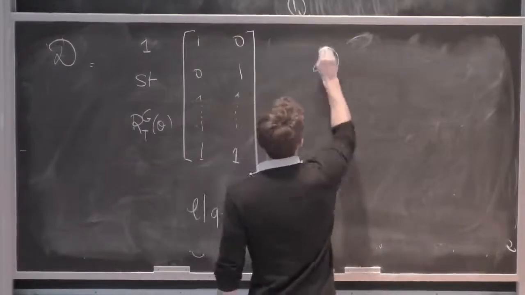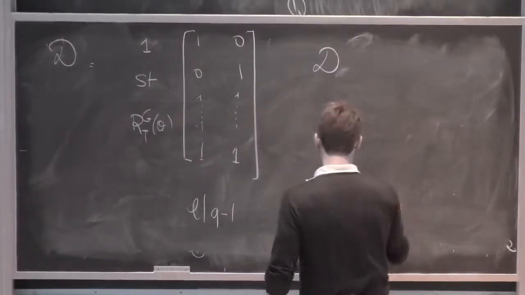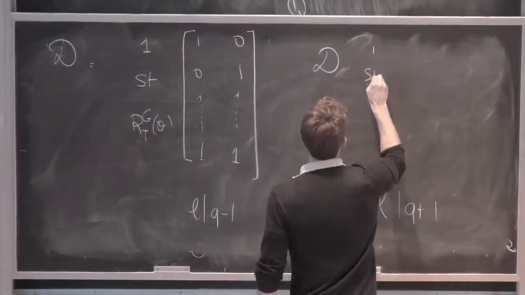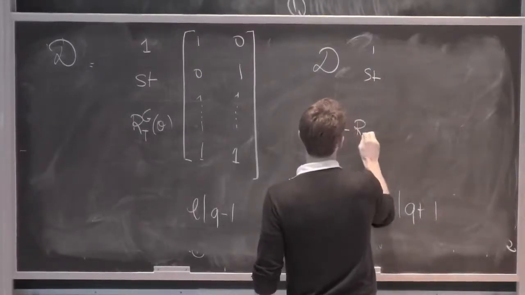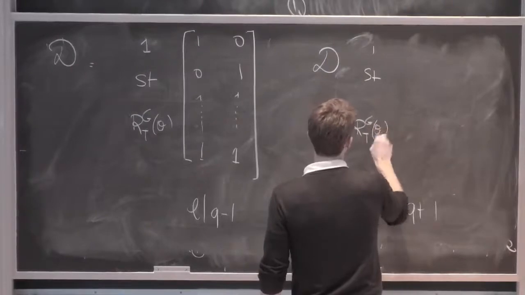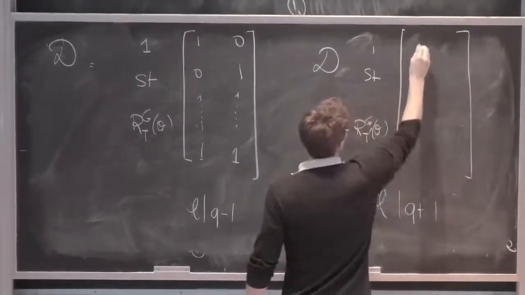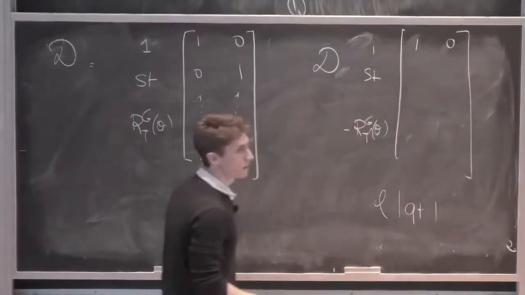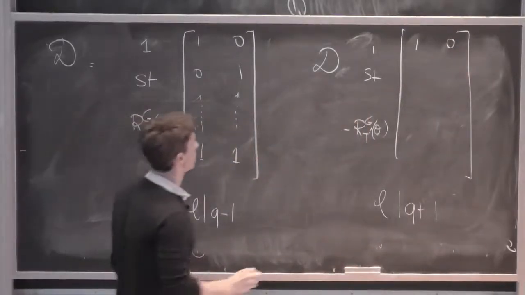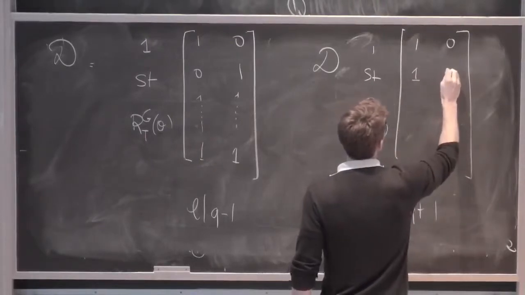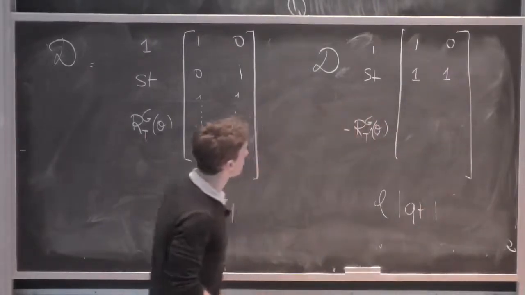Now if you do the decomposition when L divides Q plus 1, you have a different set of characters. The trivial remains trivial modulo L. But now the Steinberg splits in two: one copy of the trivial modulo L, and some other simple representation.